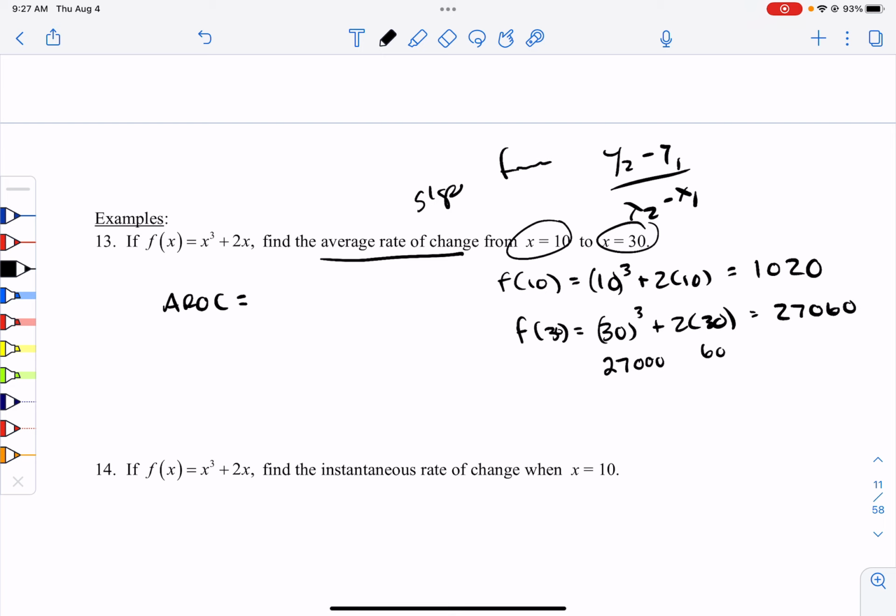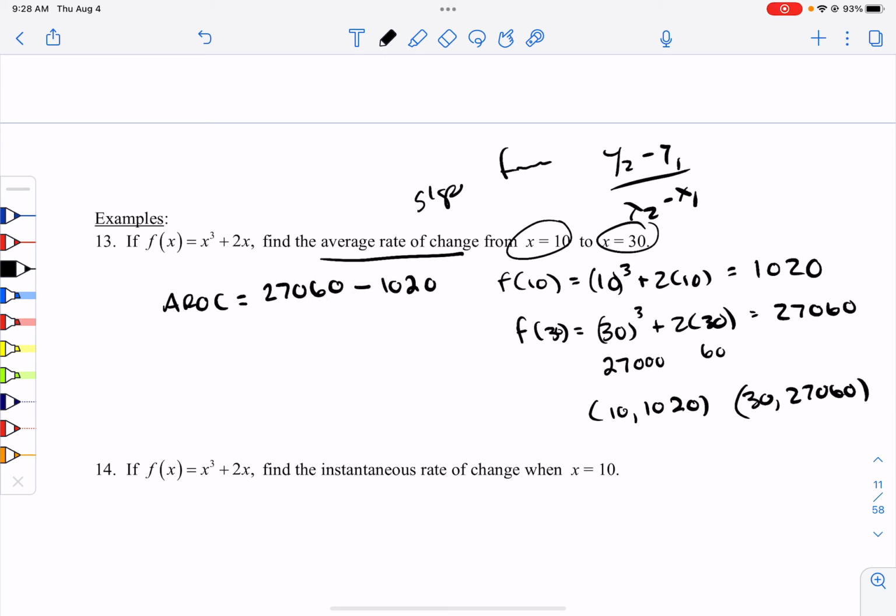Wow. So my points are (10, 1020) and (30, 27060). Yuck. So now I can plug those into my slope formula. 27,060 minus 1,020 over 30 minus 10.